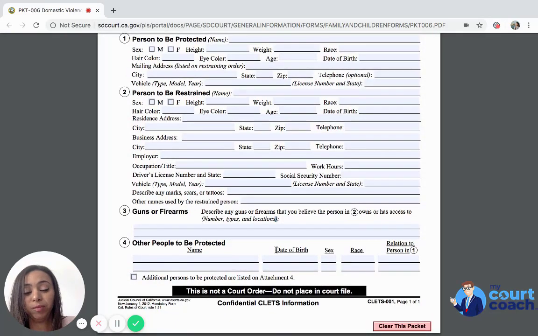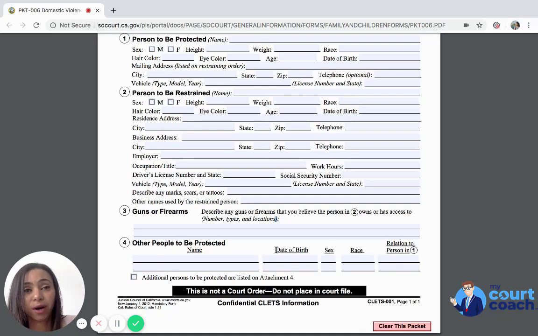Other people to be protected. So this is an individual that is a family member or other individuals that you listed within your household that you do want protected on the restraining order. And so if they're out and about on their own, let's say you're trying to protect your brother on the restraining order as well.